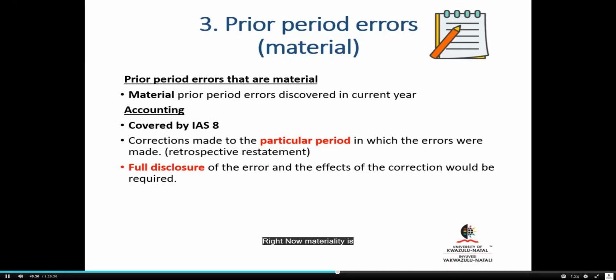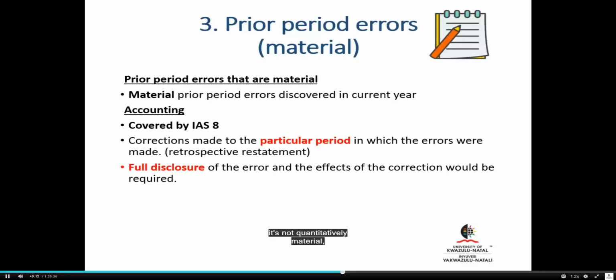Now, materiality can be both a quantitative figure and a qualitative one. In which case could an item still be material, even if the number is very small? Well, let me tell you, in instances where the omission or misstatement is deliberately done by management, for instance if management steals any form of resources from the company.